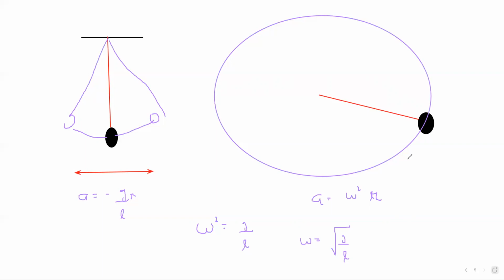So if we want to find the time period of an object performing simple harmonic motion, moving in a circular path, or for a simple pendulum, what is the formula?